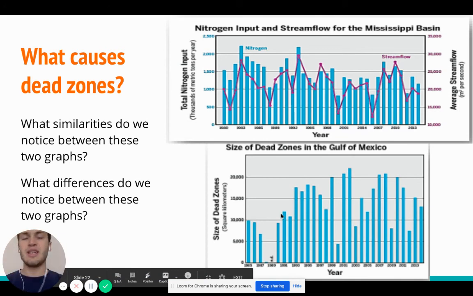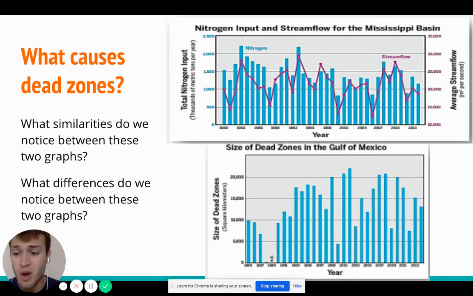And then there's also, if there are a lot of waves, or if the temperature of the water changes, then there will be more mixing of the water. And if there's more mixing, then it's harder for dead zones to form. But regardless, generally, the more nitrogen there is, the bigger the dead zone is going to be.